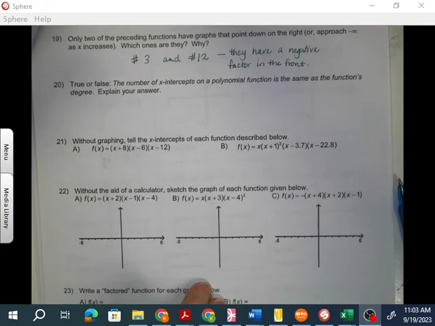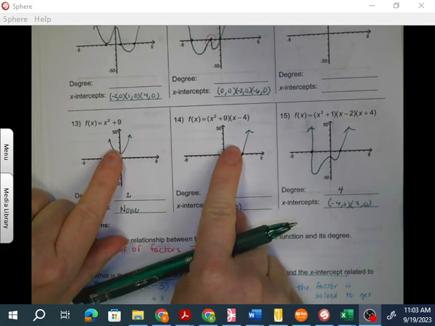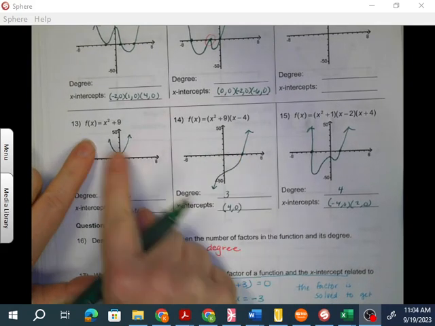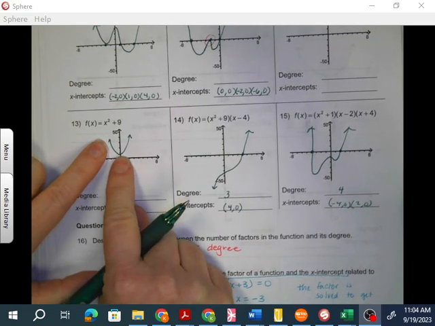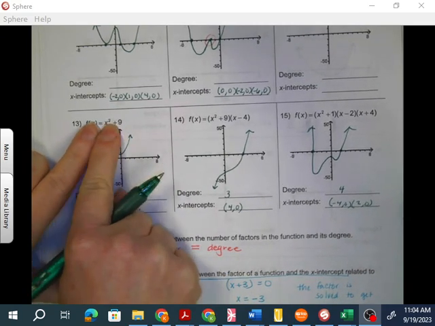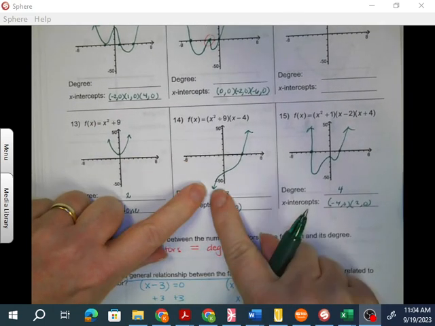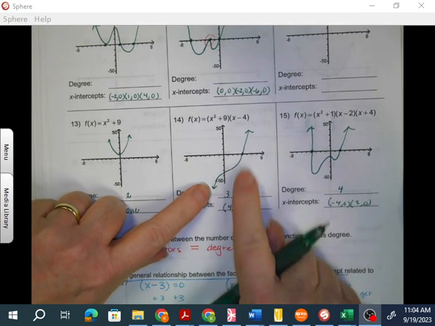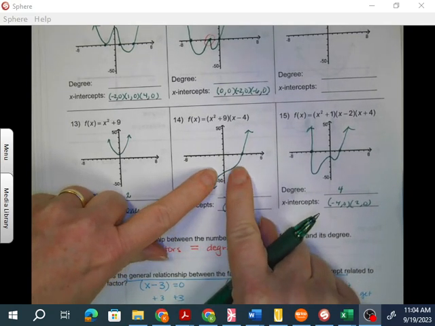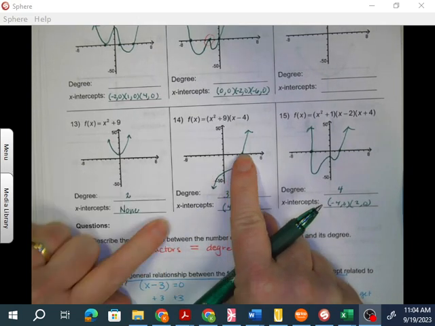13 and 14, that's not true, because if you look at this one, obviously it has one bend, which means it has a degree of 2. I can look at the equation and tell you it has a degree of 2. But it has no x-intercepts. And this one is cubic. It's got one up, one down. It has two bends, this bend and this bend, which means it's cubic, so it's to the 3rd degree. But it only has one x-intercept.